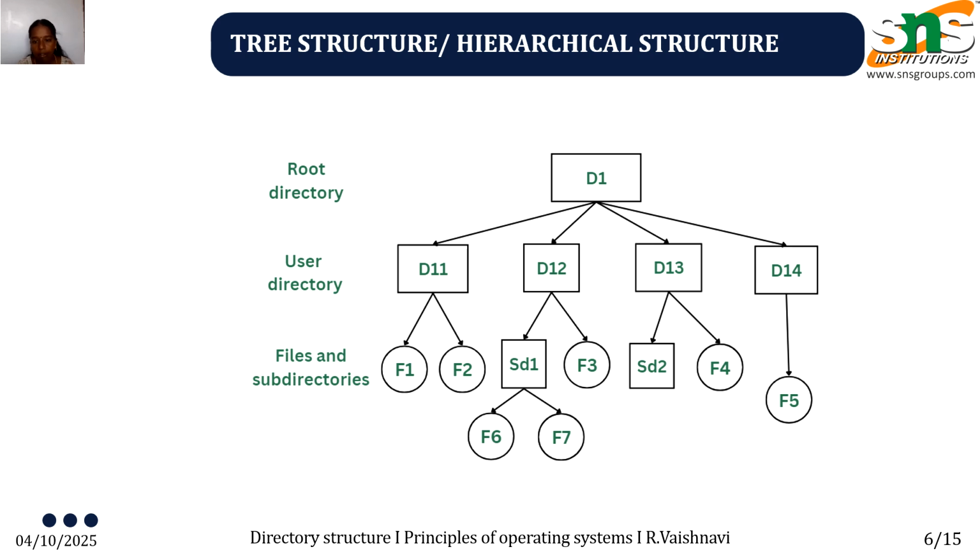For D12, we have the subdirectory D1. Below that subdirectory D1, we have F6 and F7, that is file 6 and file 7. In this diagram itself, we can understand that this comes under the tree structure or the hierarchical structure.